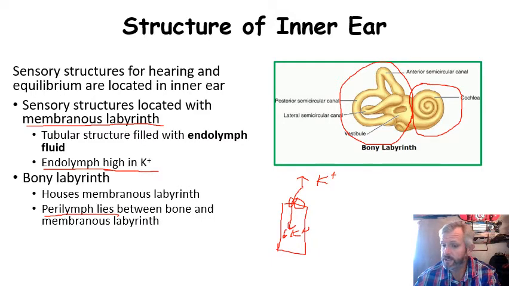Since we're housed in this endolymph, opening of potassium channels, instead of hyperpolarizing the cell, bringing the membrane potential down, now potassium's rushing in and we're going to get depolarization. So just keep that in mind. It's a little bit backwards because we're housed in that envelope with the high potassium.